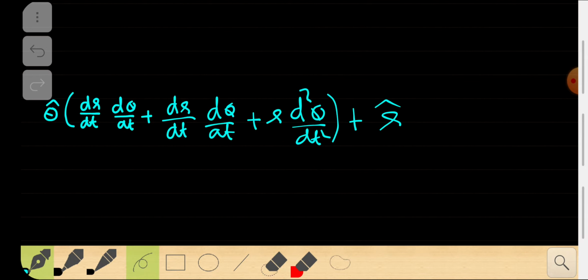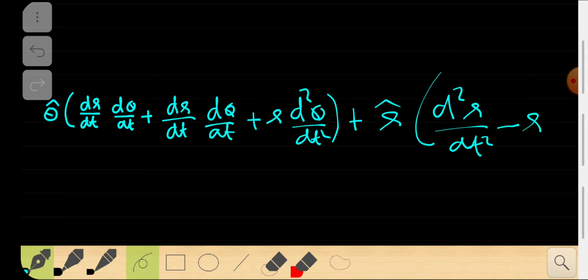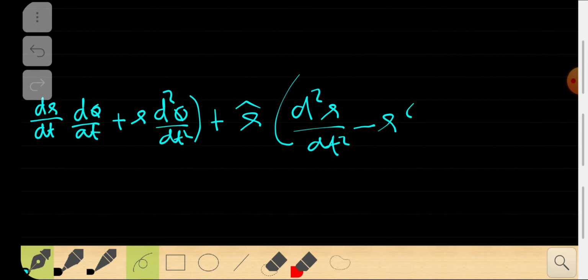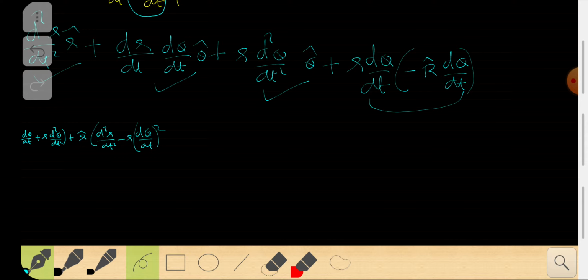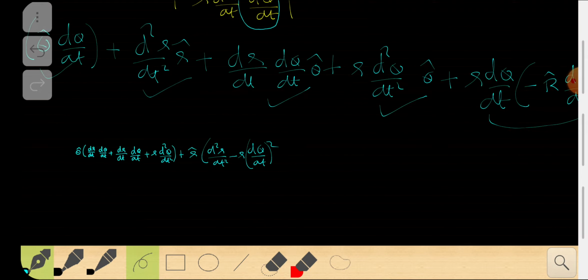Along with this whole thing, it will be d²r/dt² minus r times (dθ/dt) the whole square.